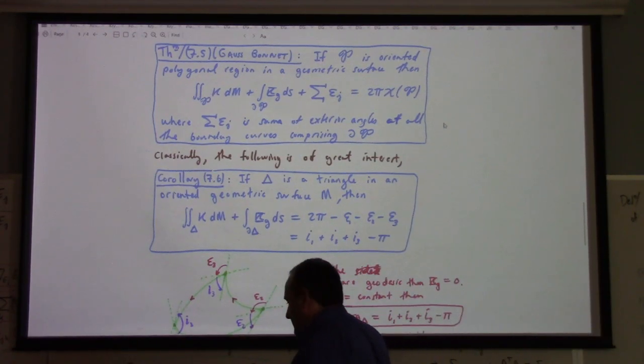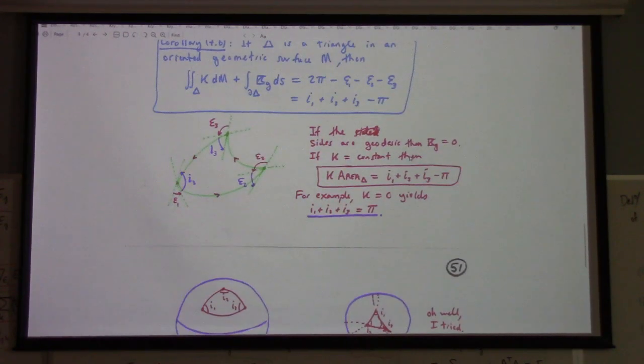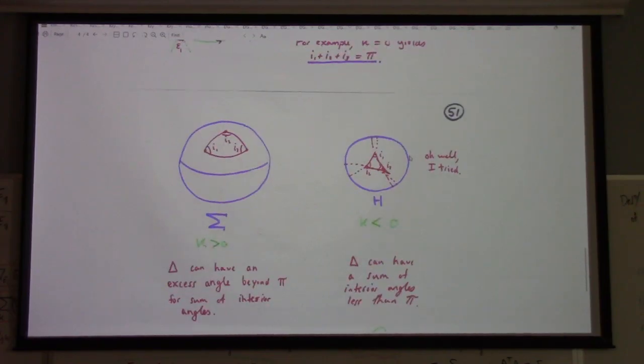These are the 3 cases of geometry: flat, spherical, or hyperbolic. And here are some sad pictures trying to show you. I always think about this kind of triangle on the sphere. You could have, on a quarter of the sphere, 90 degrees, 90 degrees, 90 degrees, and you get 270. The weird thing about triangles on a sphere is the sum of the interior angles actually tells you how big the triangle is.